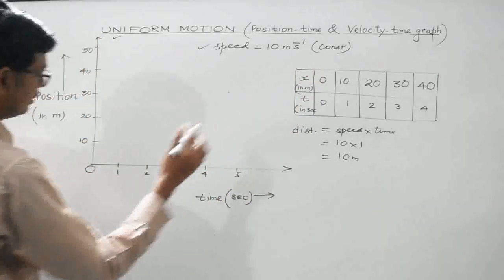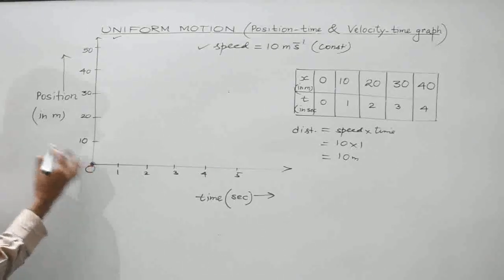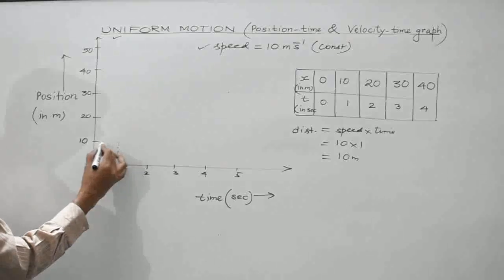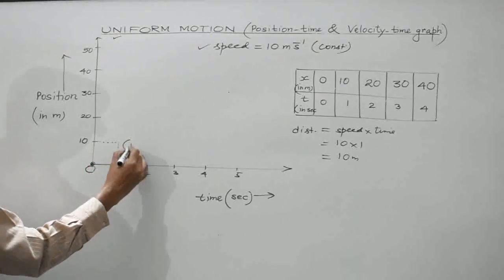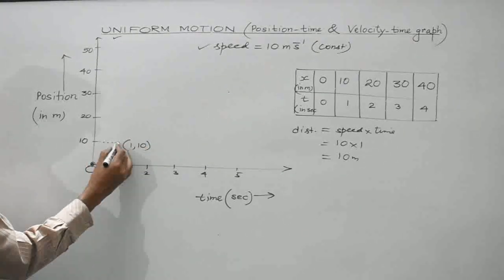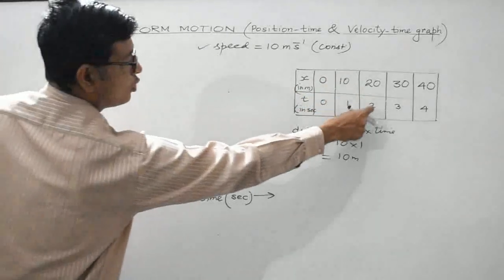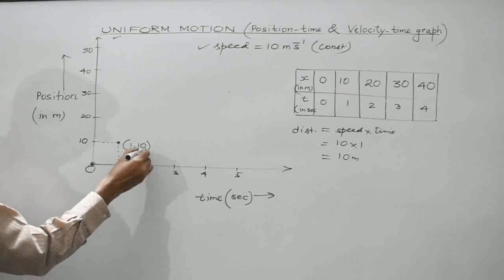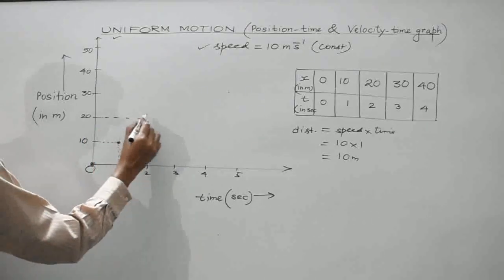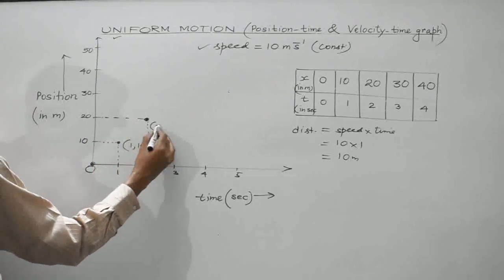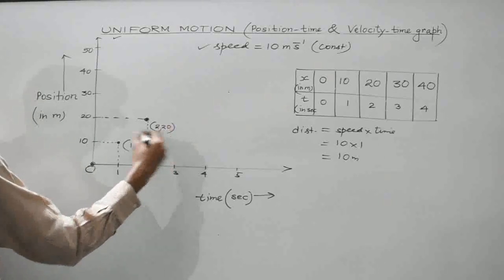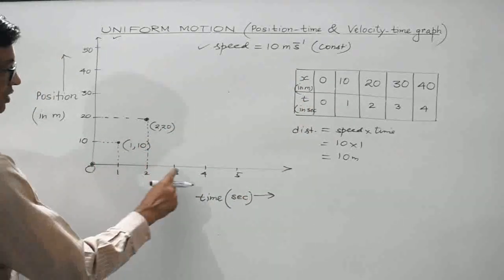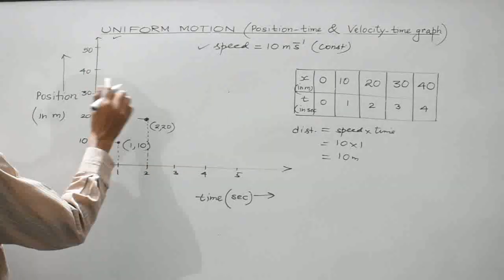Okay, the first point is 0, 0. This is where the first point lies, 0, 0. Then 1, 10. That's the abscissa and ordinate. This is 1, this is 10. Right? This is the point. Then 2, 20. Time is 2 and this is 20. This is the point, 2, 20. Right? Third is 3, 30. This one is 3 on the time axis and position is 30.